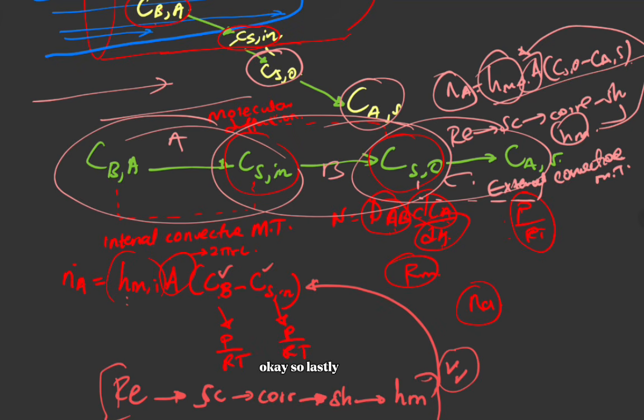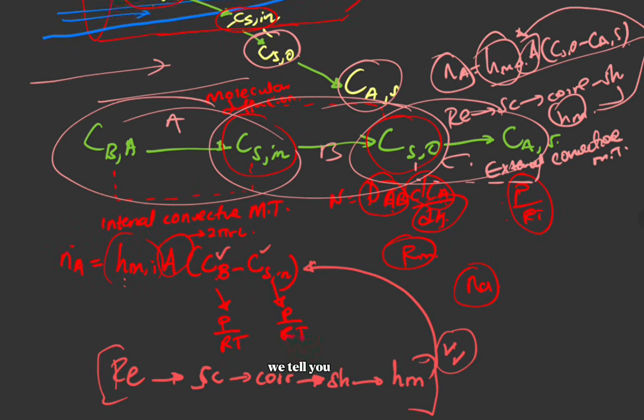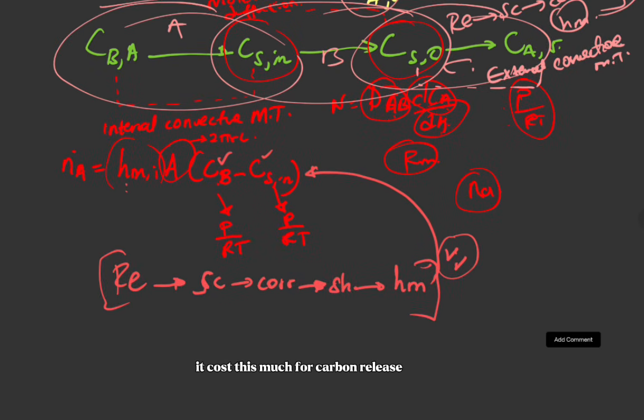Okay, so lastly, I want to talk about the engineering judgment that has to do with economics. We tell you it costs this much per carbon release in the form of carbon tax, and then you need to calculate and make an engineering judgment.